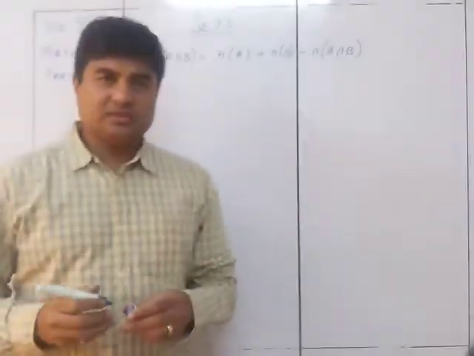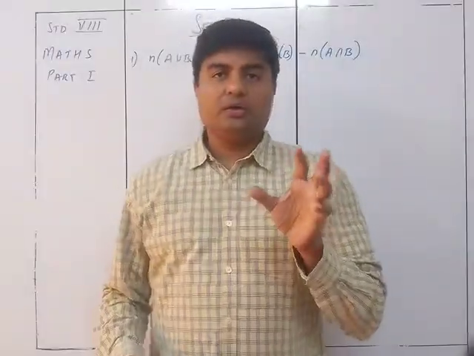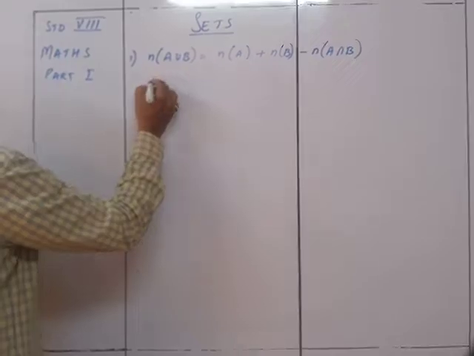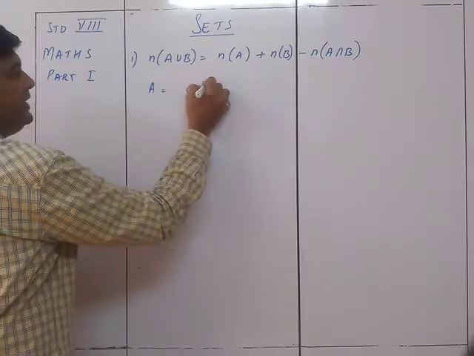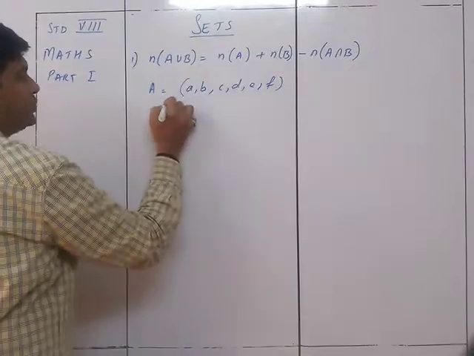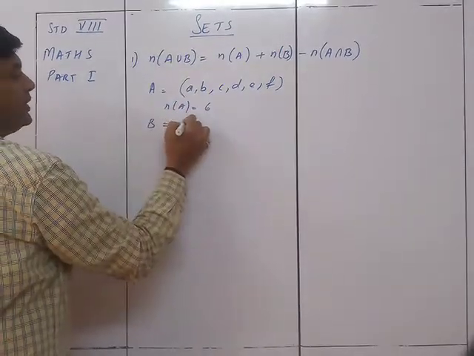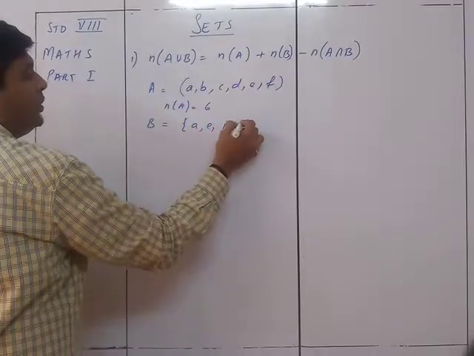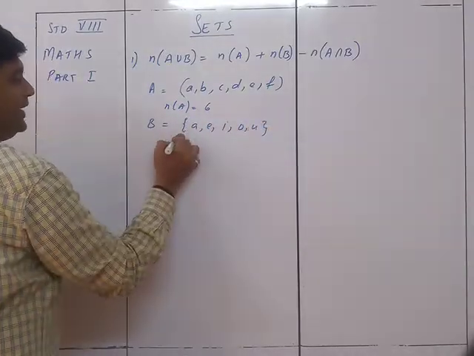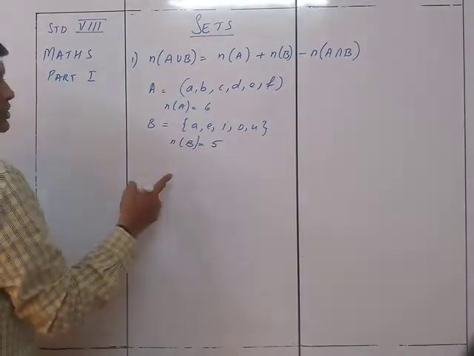Try to understand this. Let's take an example. A has got a, b, c, d, e, f. So n(A) is equal to 6. B has got a, e, i, o, u. So n(B) is equal to 5.